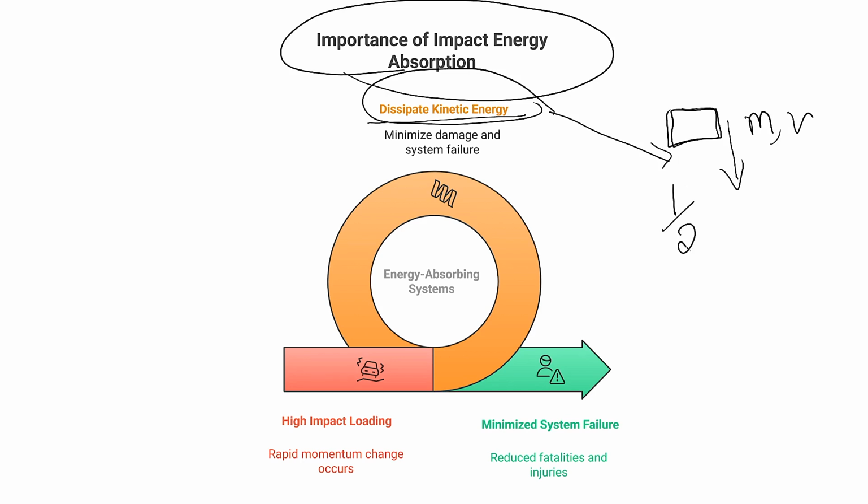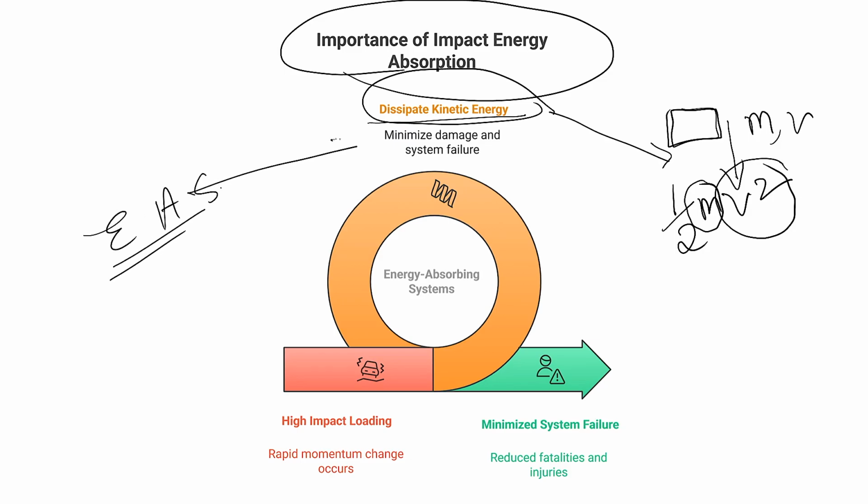In the classical way, the kinetic energy is given by this expression. It is directly proportional to the mass, and to the velocity squared. So our aim in designing the energy absorption system is to minimize the damage and system failure.